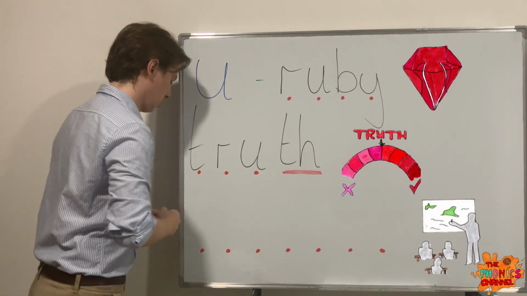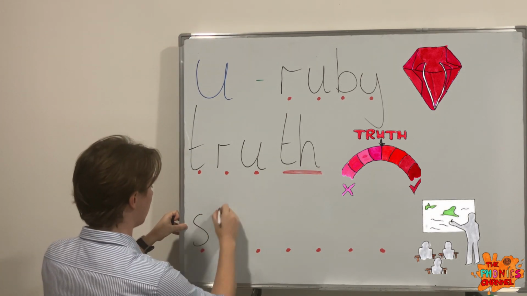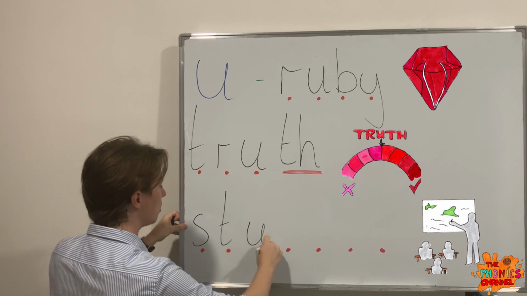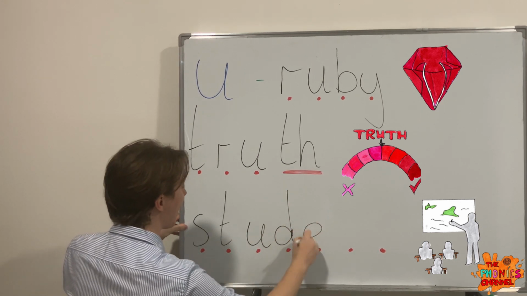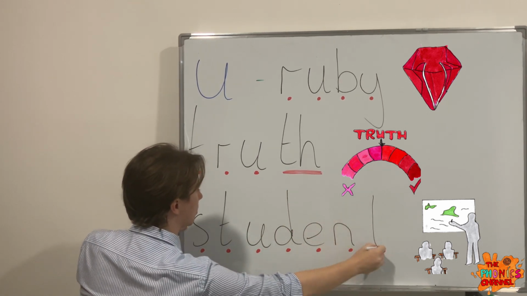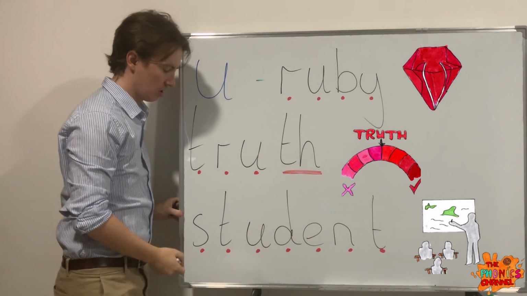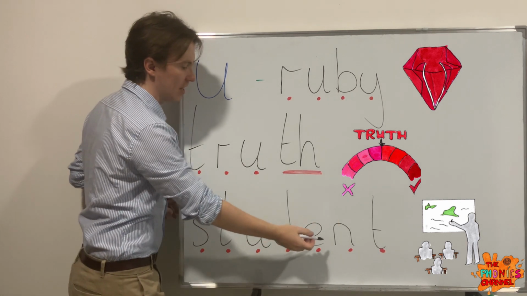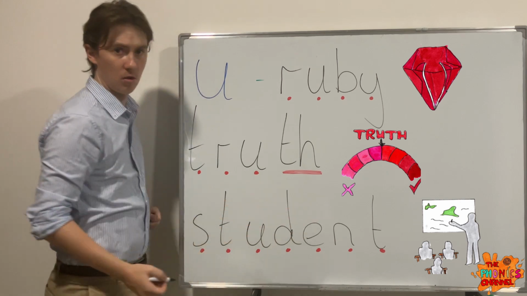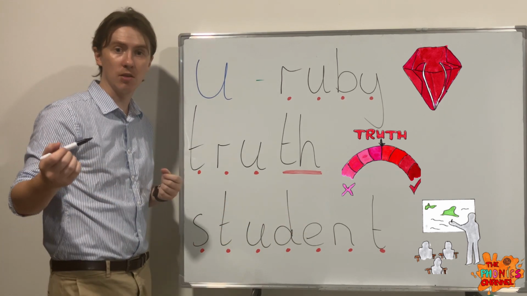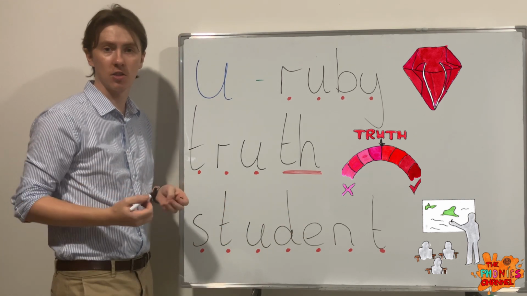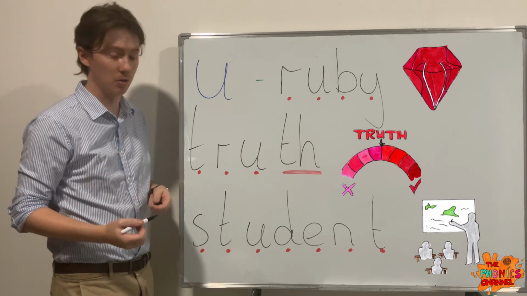Okay, and finally for the singular letter U sound is student. S, T, U, D, E, N, T. Student. If you're watching this, then you are a student of the Phonics Channel. Okay, and we're happy to have you.